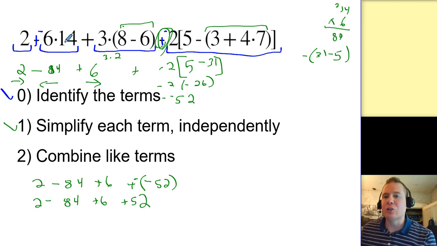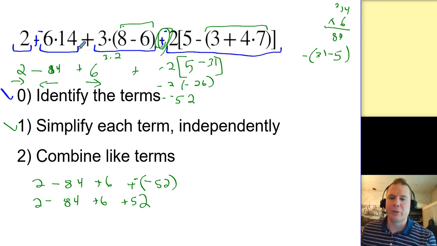I looked at each term left to right. I could have gotten the 52 first, then come back and looked at the 6. But the last thing we're going to do is our addition and subtraction, unless there was addition or subtraction inside grouping symbols that's part of some larger term, right?